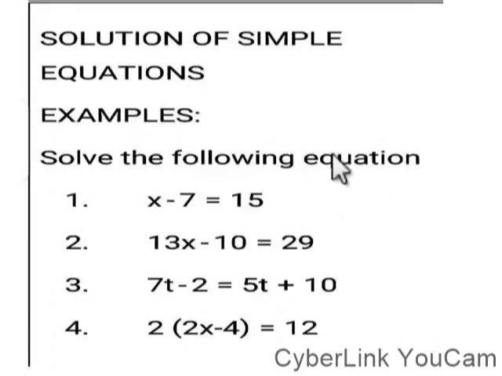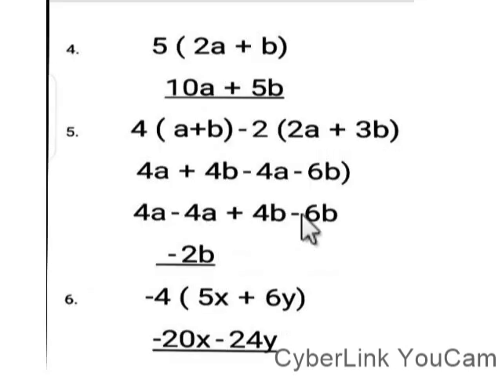Solution of simple equations. Some of you may begin to wonder, why are we not calling it equation this time around? Whereas at the other end, we were calling it expression, algebraic expression. This time around, we are talking about algebraic equation. If you check the previous ones we have solved, you'll find that we have no equal sign in our solving.